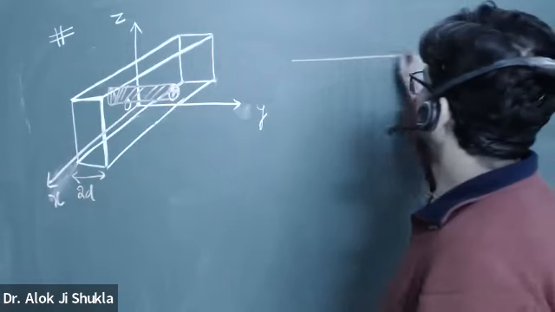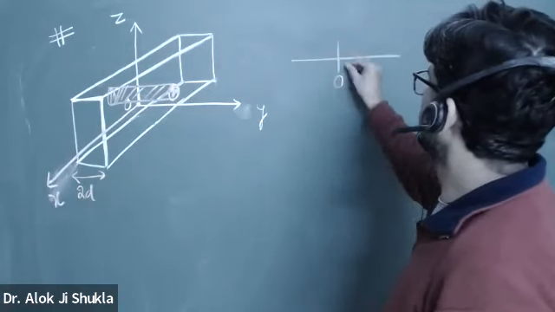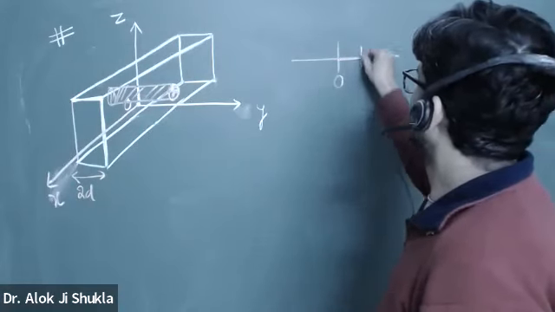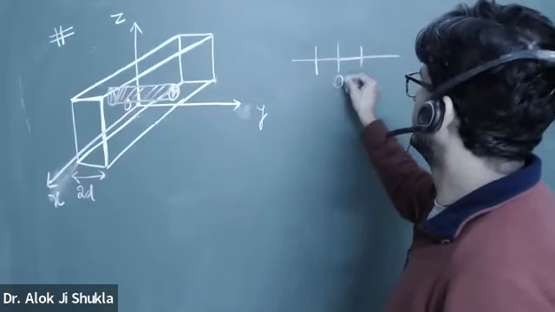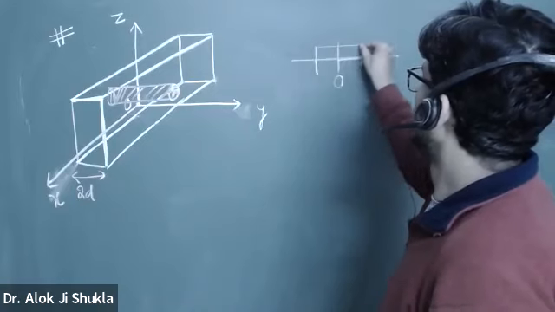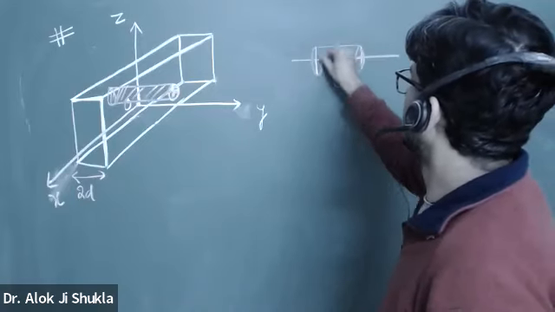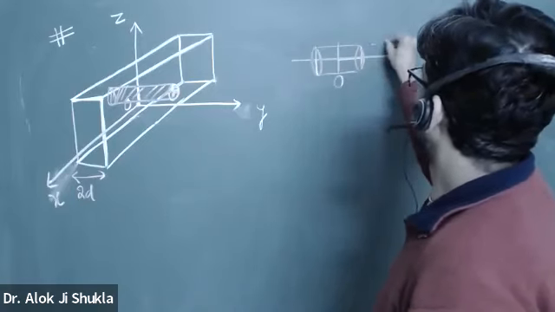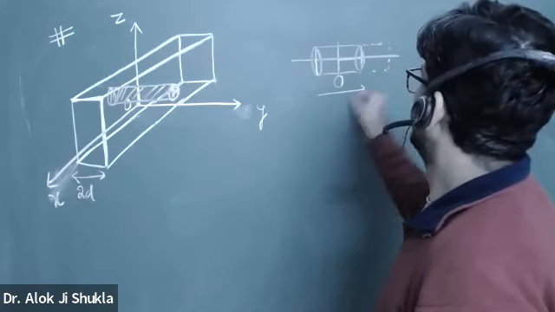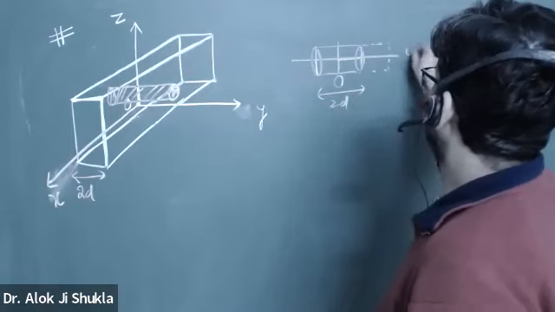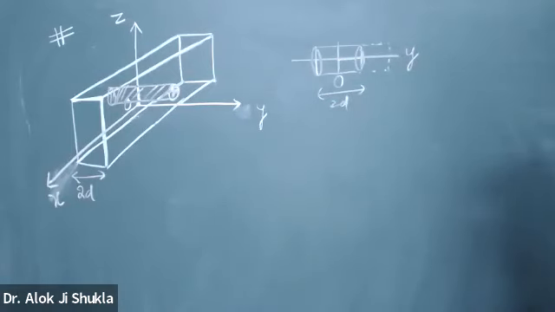If I make it in 1D, it is like this. This is the origin, and this cylinder part will be inside it. So this part of the cylinder will be inside and the outer part will be this. So this part will be 2D. This is the Y axis. Do you understand?